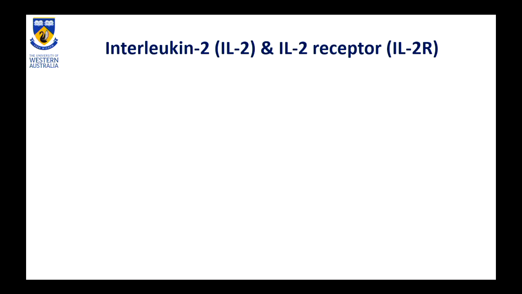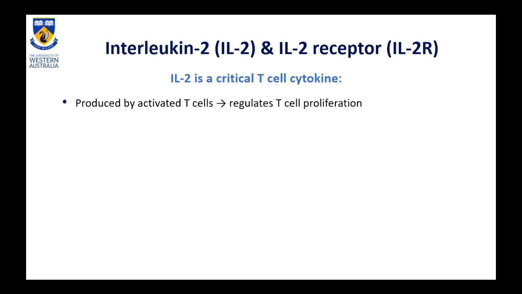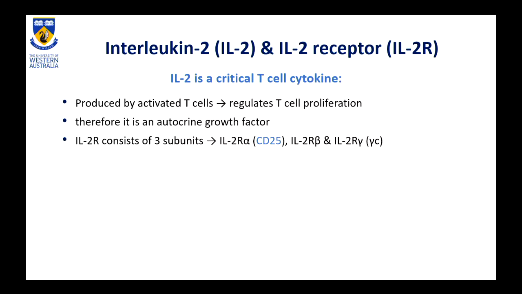So interleukin-2 and the interleukin-2 receptor are really crucial in this whole process. IL-2 is produced by activated T cells and it regulates T cell proliferation. Therefore, it's an autocrine growth factor made by the T cell to act on itself. The IL-2 receptor consists of three different subunits: IL-2 receptor alpha, IL-2 receptor beta, and IL-2 receptor gamma.